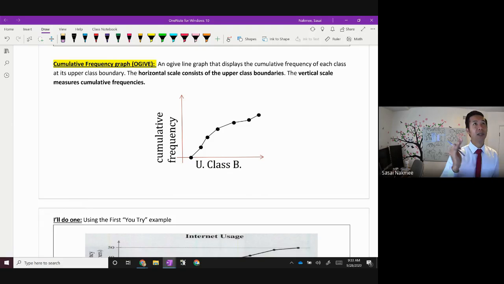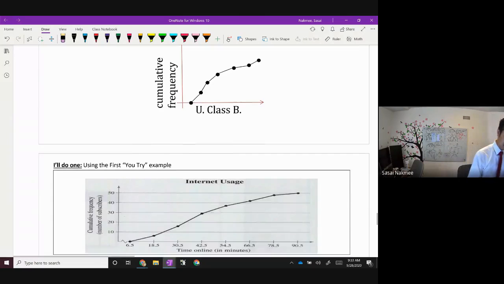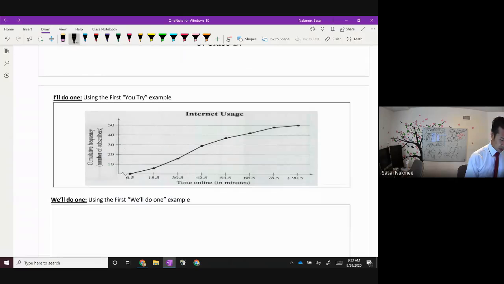So the only thing that makes this different is that you don't use the frequency, you instead use the cumulative frequency. So take a look here. They use the upper class boundaries, not the midpoints, and then they use the cumulative frequency along the way. They just add it up along the way, right?